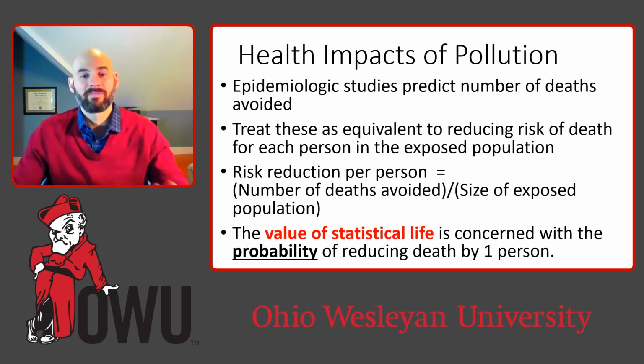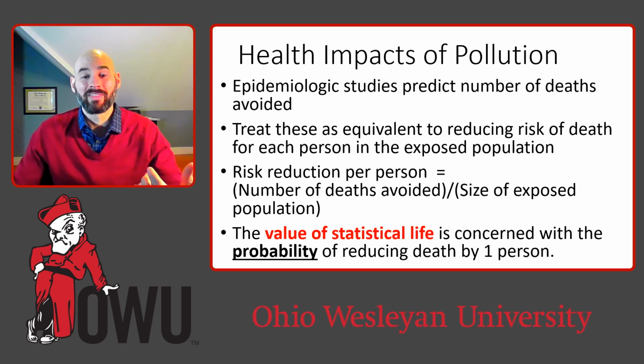So if we have a population of 1 million people who is going to be facing lower levels of air pollution, and we reduce the deaths in that population by 1 person, then the risk reduction per person is going to be 1 millionth.